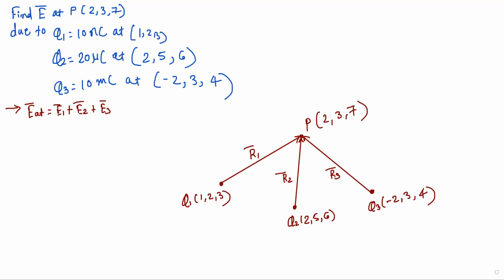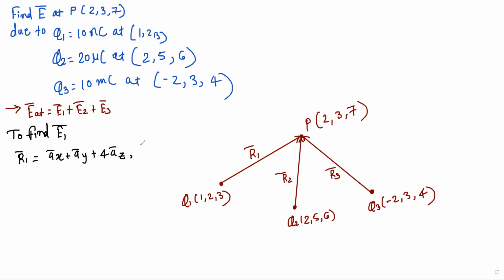Now, first thing is to calculate E1. To find E1, what I need is R1. R1 is equal to 2 minus 1, it's A bar X, then 3 minus 2, it's A bar Y, plus 7 minus 3, it's 4 A bar Z. So you got R1.